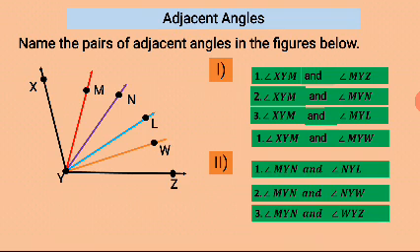It means when we write a pair of adjacent angles, we observe that one arm must be a common arm and the vertex must be a common vertex of the two different angles in a pair. Got it? So the first pair and second pair are adjacent, and the third pair is not an adjacent pair in this figure.